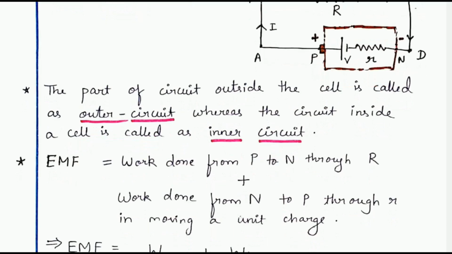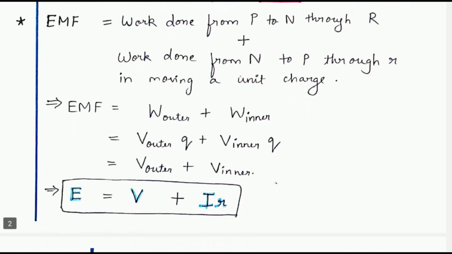So we can write it like this: EMF is equal to work done in the outer circuit plus work done in the inner circuit. Now as you have already read, the work done formula is potential difference into charge. W is equal to V into Q.